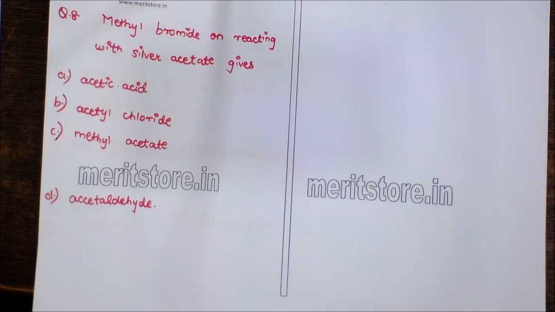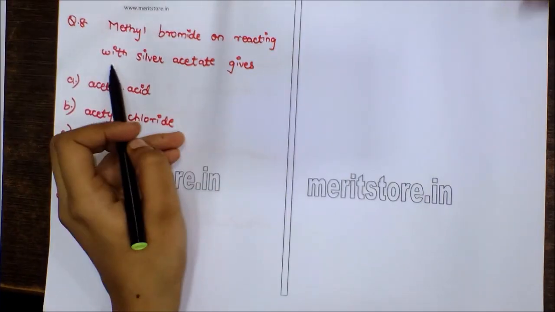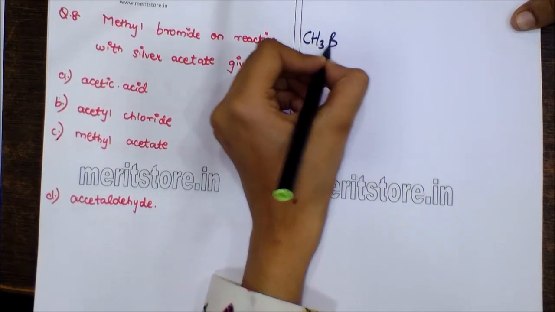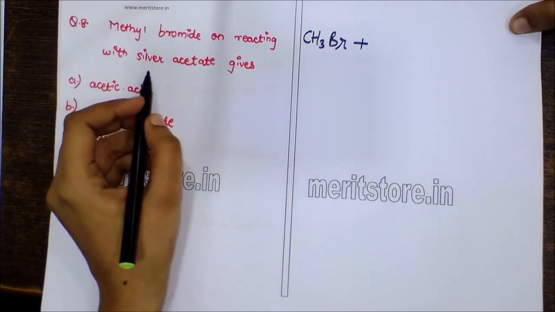Question 8. Methyl bromide on reacting with silver acetate gives A. Acetic acid, B. Acetyl chloride, C. Methyl acetate, D. Acetaldehyde. So over here we'll first write down methyl bromide reacting with silver acetate. Methyl bromide is CH3Br plus silver acetate.